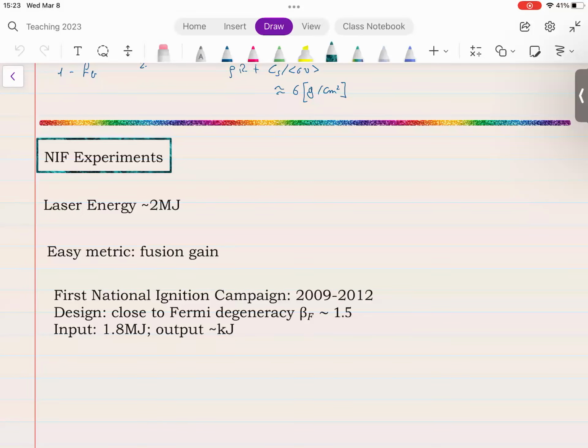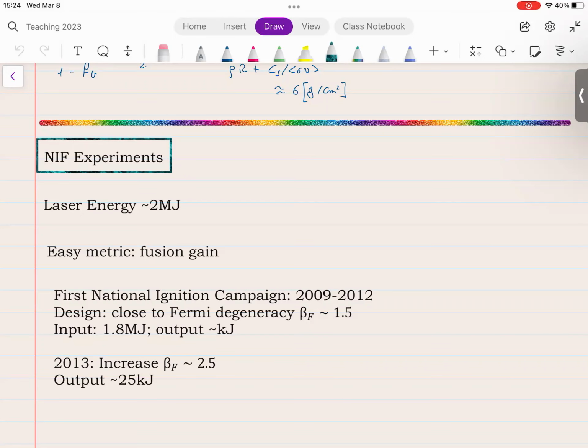In fact, even though in theory, in the ideal case, you will want to be as close as possible to Fermi degeneracy, so have beta F as small as possible, it turned out that just increasing beta F to 2.5 quite increased the output, got it close to 25 kilojoules.